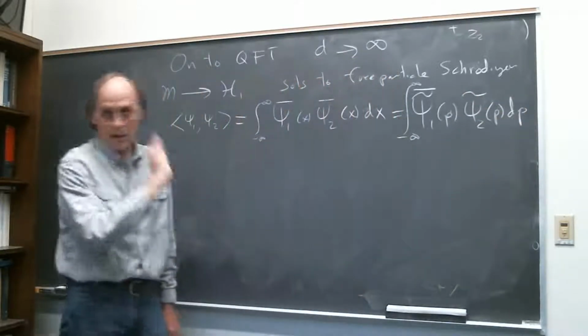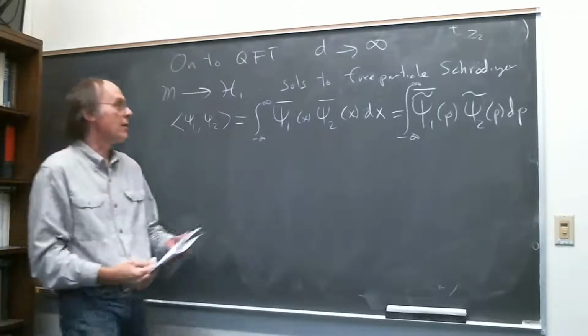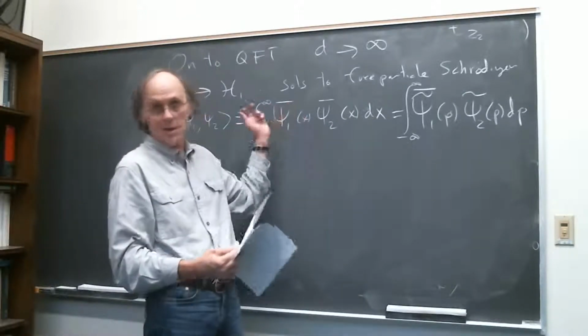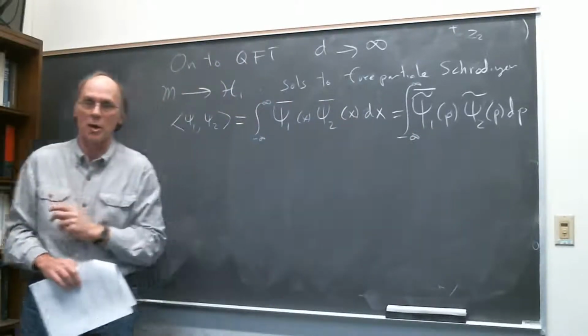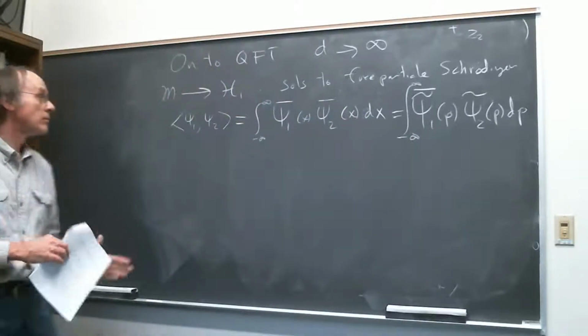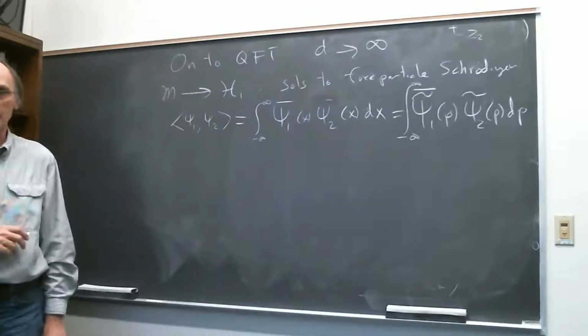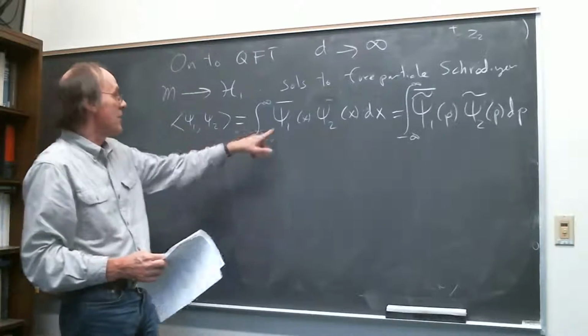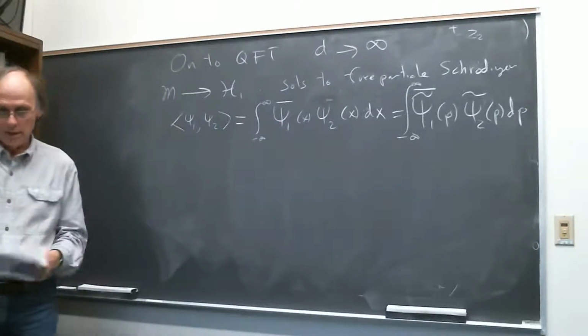Either way, it's the same standard Hermitian inner product on functions. Fourier analysis is set up to make these equal, and the Fourier transform preserves this inner product. It's anti-linear on this side and linear on this side.